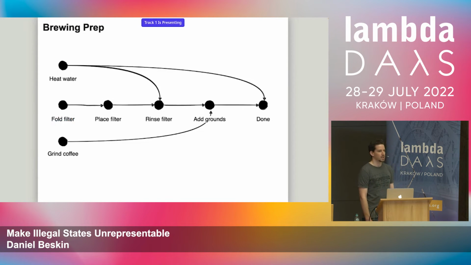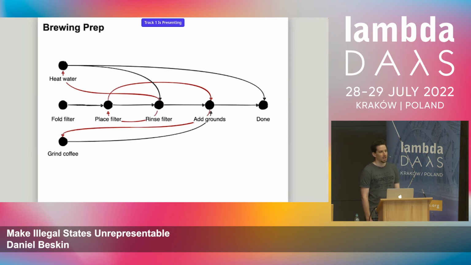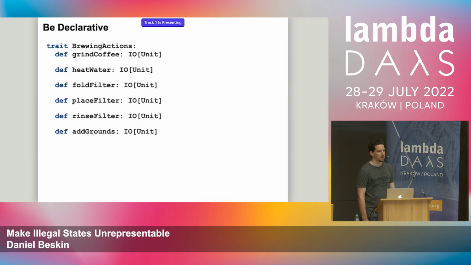So again, this is our desired state space. It's quite simple. It doesn't really have many things that it has to do. But again, our actual code is open to various illegal state transitions that we would like to avoid and make compile-time impossible to actually write down. So we can improve. A big part of the problem here is the imperative interface.